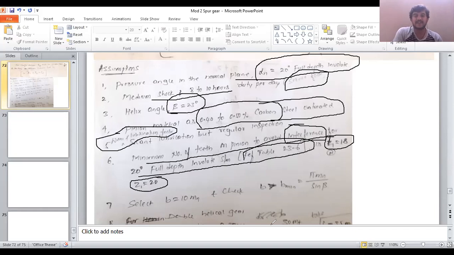What do you mean by interference? We have solved so many problems on that to avoid interference. What will be the minimum number of teeth, right?